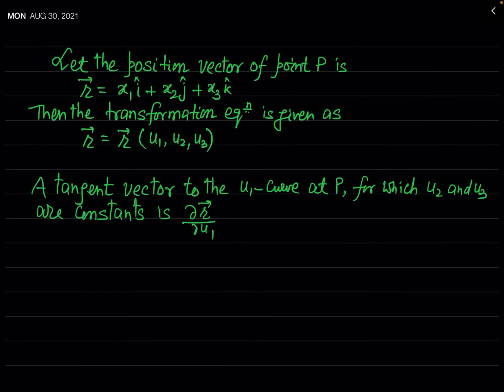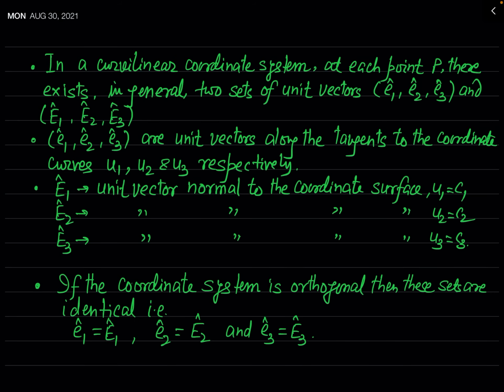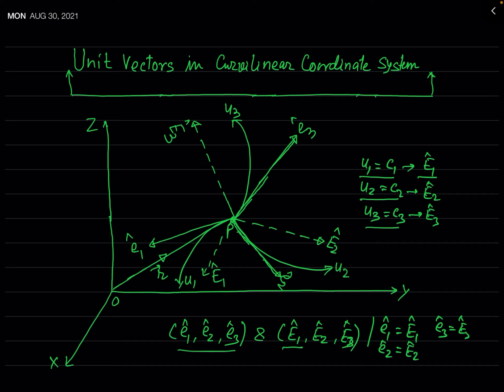And now we want to express these unit vectors in terms of a very useful quantity known as the scale factor. For this, let us see this figure first of all. As I have told you earlier, the point of intersection P is at a distance r from the origin of this Cartesian coordinate system.